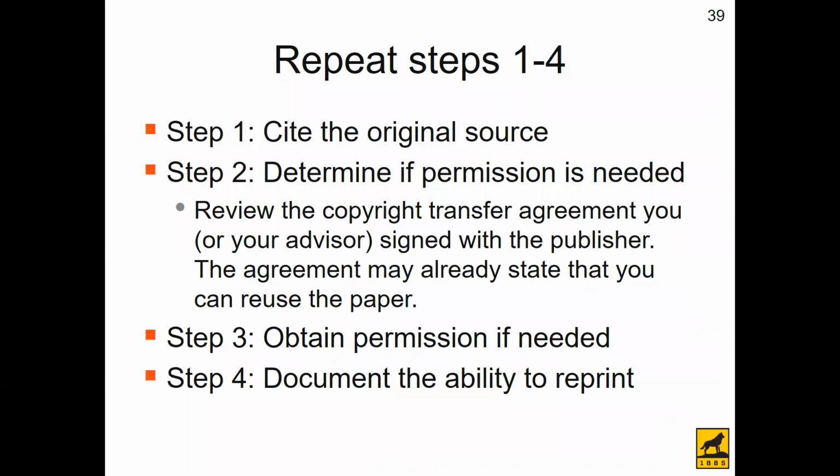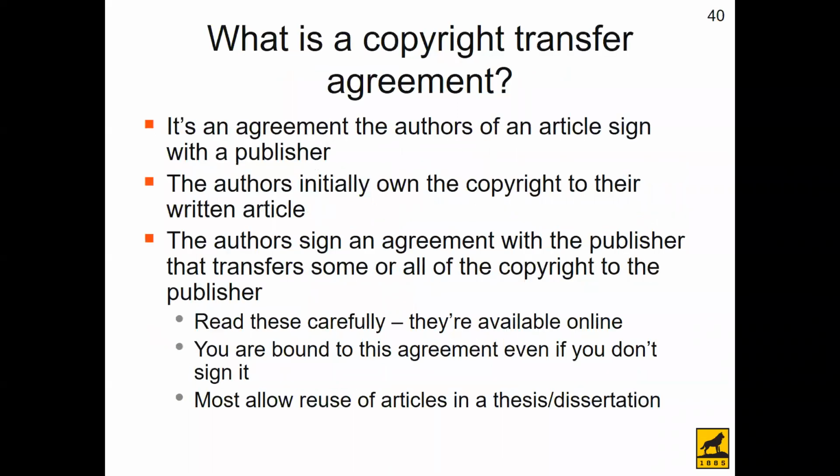It might say you can never use the paper, in which case you know you can't reuse it. It might say something in between. Whatever that agreement says, you've signed off on it, so you need to abide by it. If you don't have that information in your copyright transfer agreement, then you might need to obtain permission and, again, document all that for the graduate school.